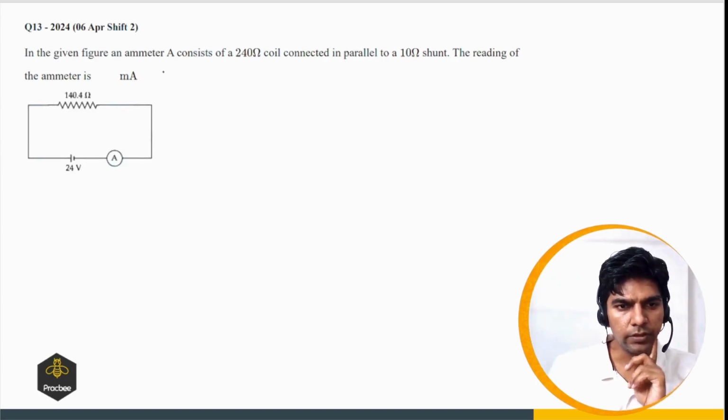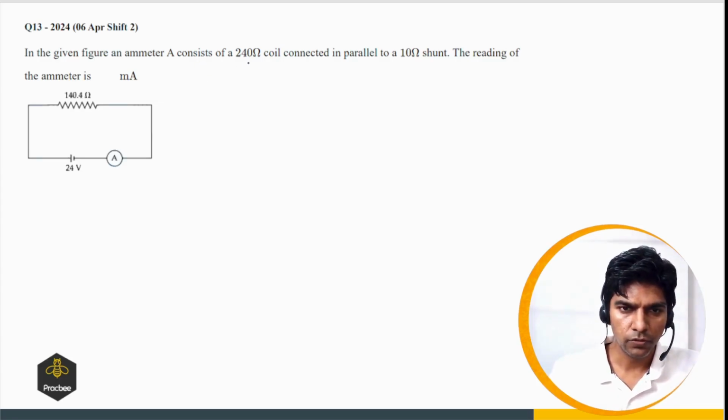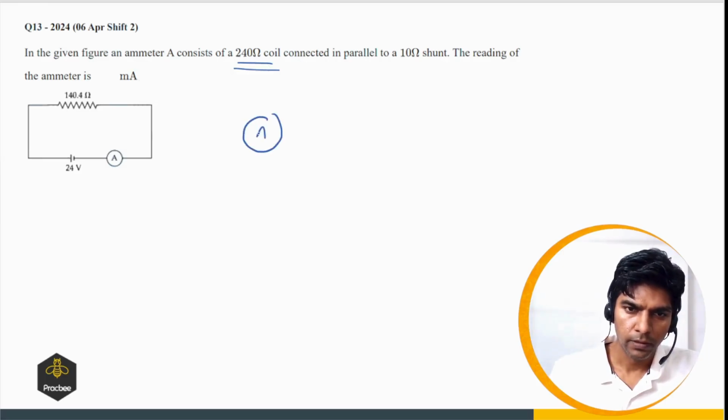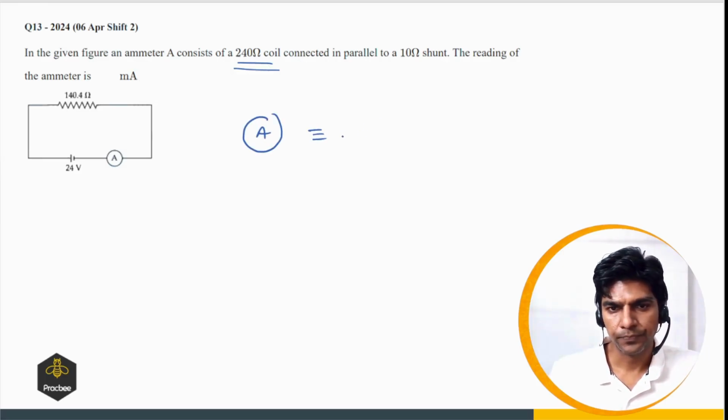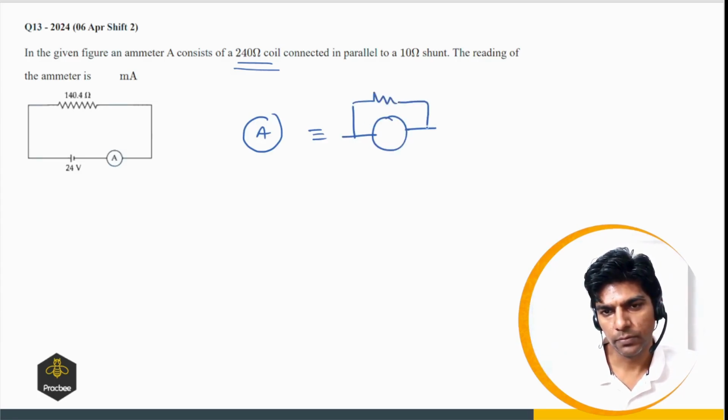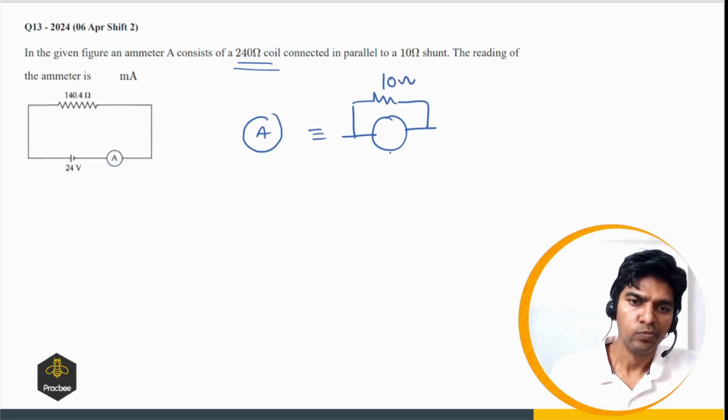In a given figure, an ammeter A consists of a 240 ohms coil connected in parallel to a 10 ohms shunt. So this ammeter is nothing but a coil which is having a shunt of 10 ohms resistance, and this will be 240.